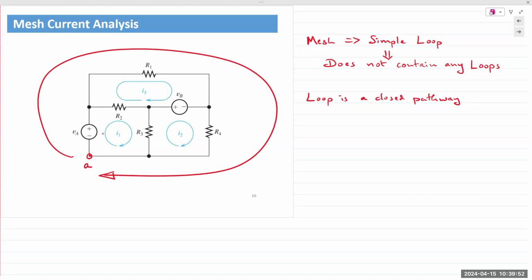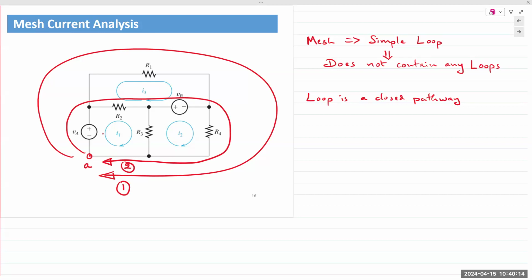So let's call this loop 1. Then I could start from A, go around R2, and come back to A. I can call that loop 2. Make sense?